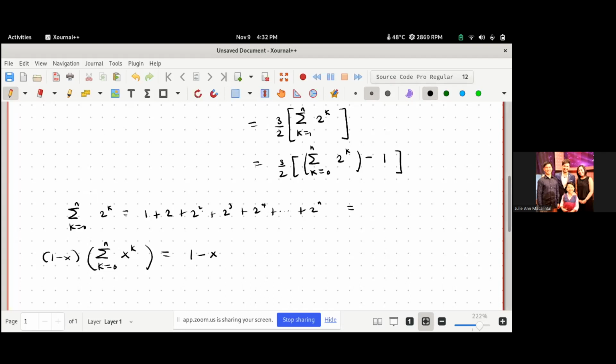Tingnan mo. N minus 1 yata. Hindi, sige. I-expand mo, tapos gawin mo yung mga cancellations, and then see what it reduces to. To the 0. So, dapat po summation x to the k minus 1 baga from k equals 1.